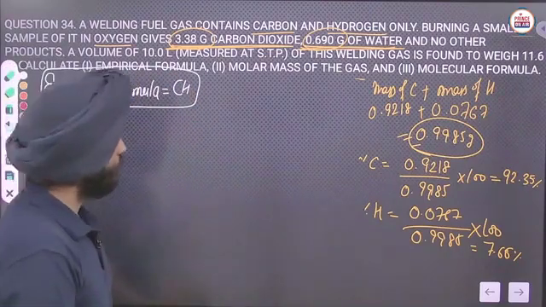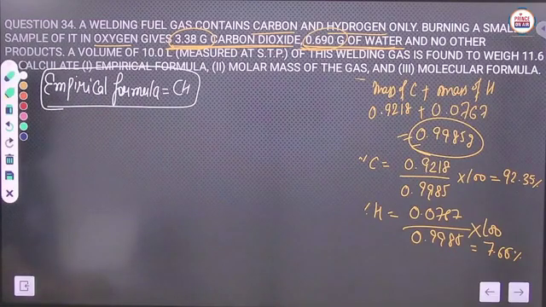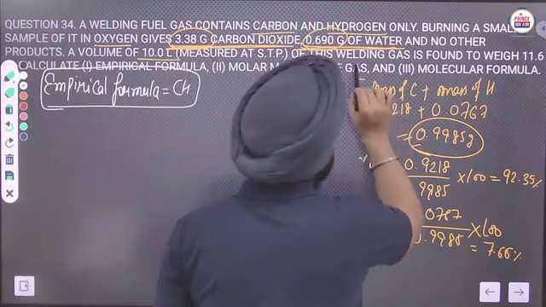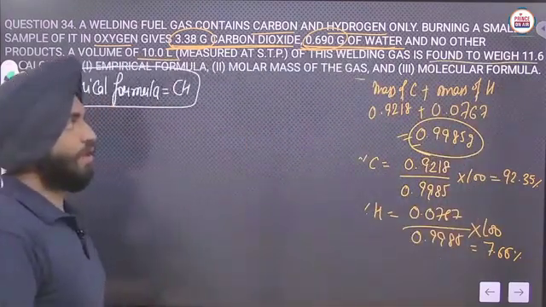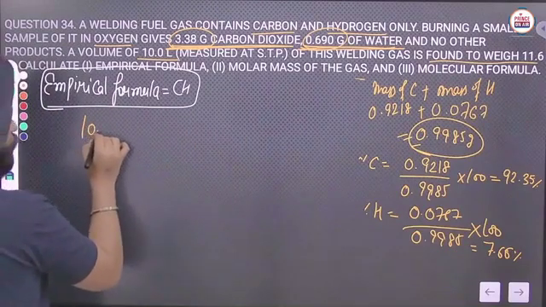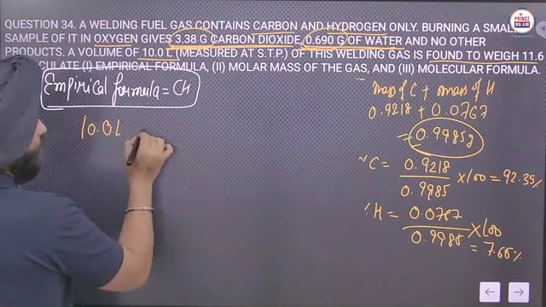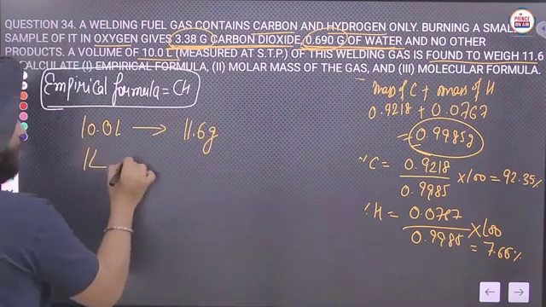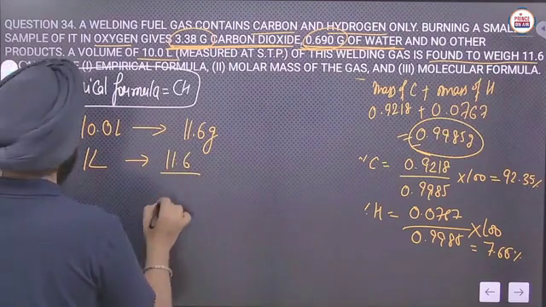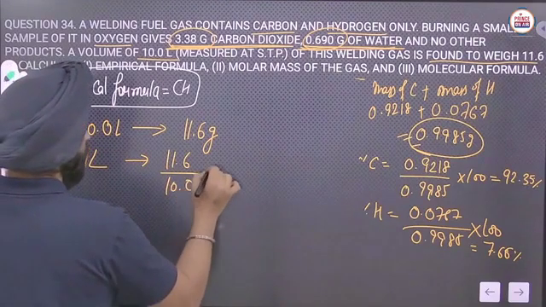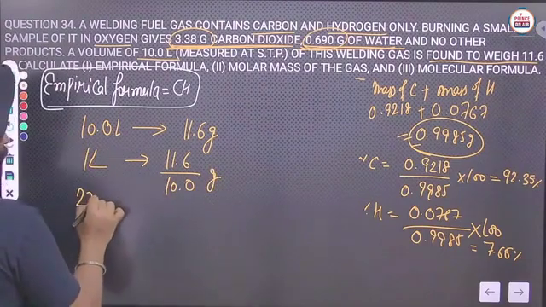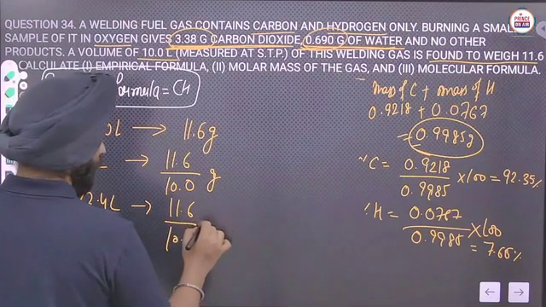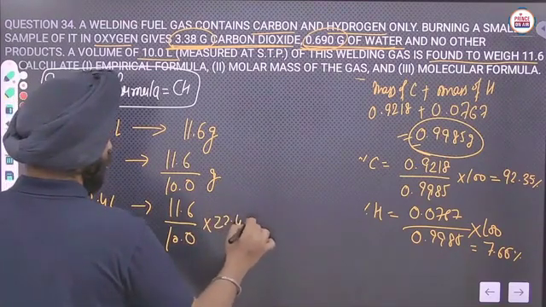Next one is a volume of 10.0 liter of the welding gas found to weigh 11.6 gram. Means if you have 10.0 liter of welding gas, it will contain 11.6 gram. 1 liter will contain 11.6 upon 10, and 22.4 liter will contain 11.6 upon 10.0 into 22.4 gram.